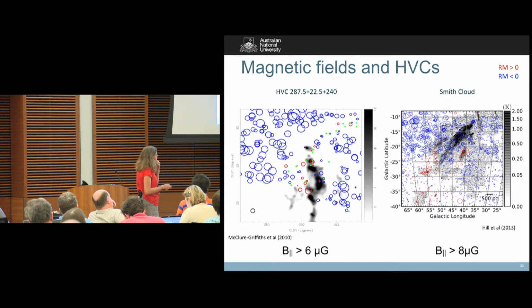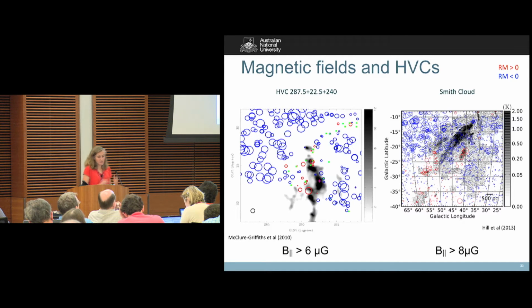And what Alex Hill and collaborators found is that a portion of this Smith cloud down here is lined up with some measurements of the rotation measures that indicate that there is a significant magnetic field associated with the Smith cloud. And I think Bob Benjamin was the first to find this, and Alex carried through on it.